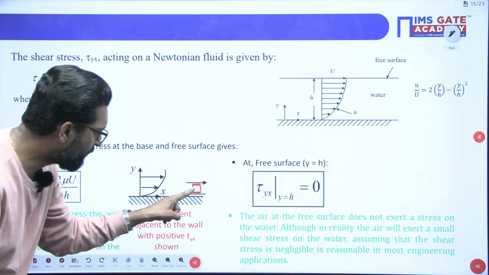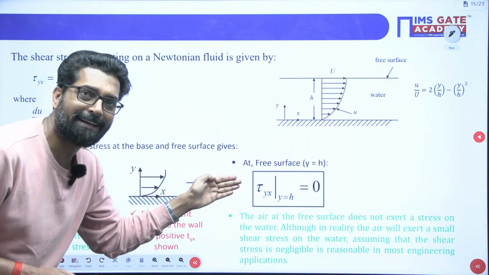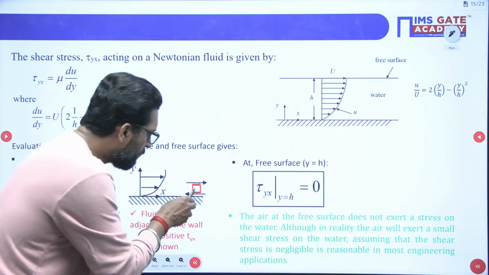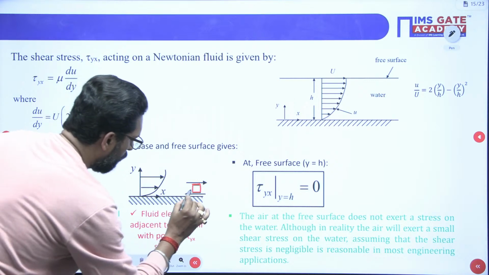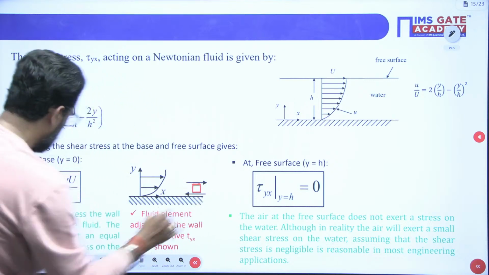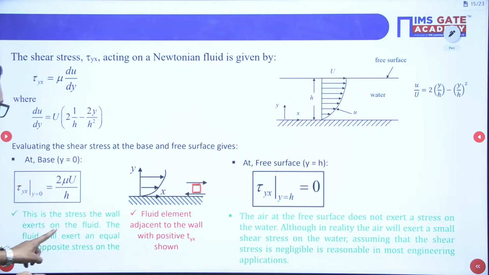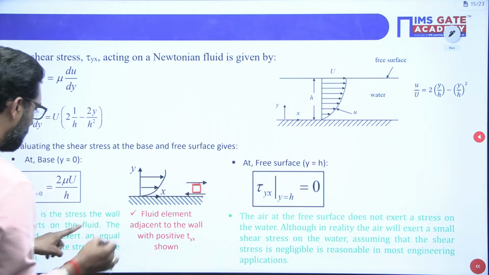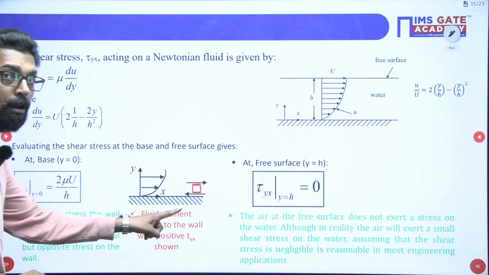So this is your water. Water will try to flow in the right side direction. So on the wall, water will flow in this direction. This is the stress exerted on the fluid. The fluid will exert an equal but opposite stress on the wall.